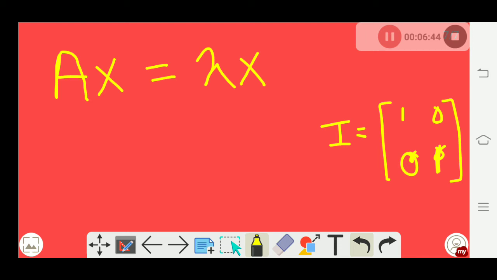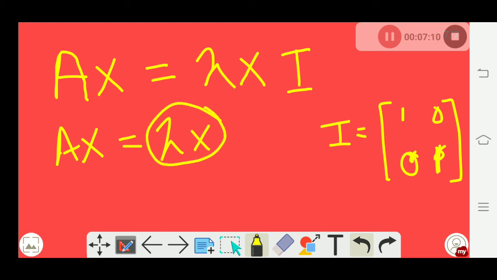What multiplication with 1 is in the general case is multiplication with the identity matrix in the matrix case.